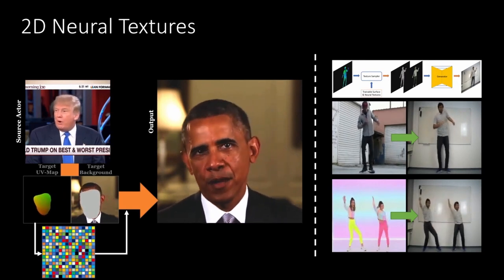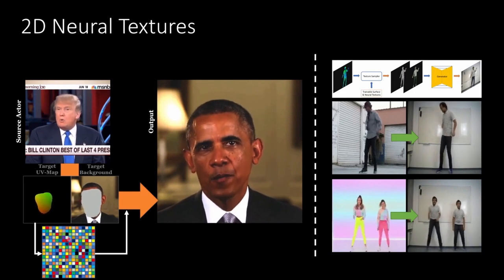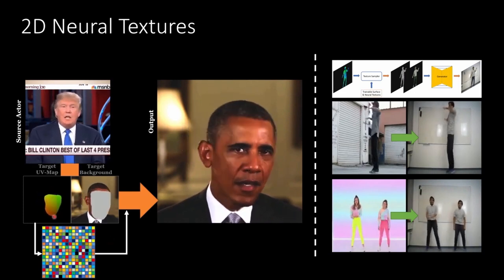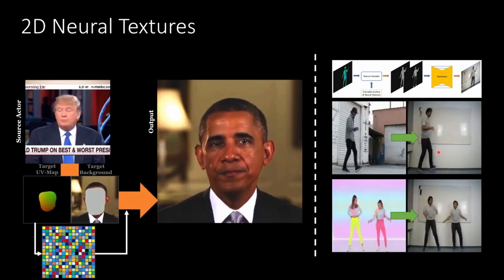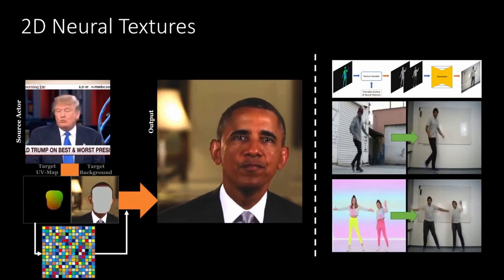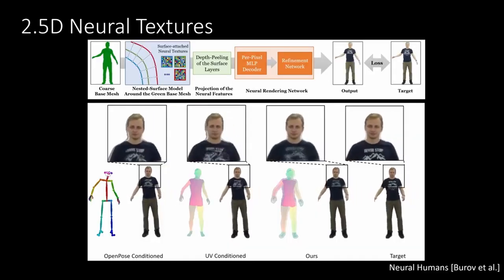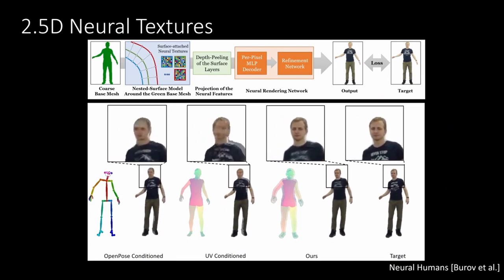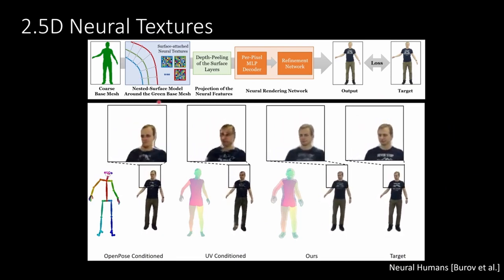So for 2D neural rendering, you can have these neural textures that are applied on top of the face or on top of the geometry of the body, which then looks like this. You can actually also extend this to a kind of 2.5D neural textures, where you actually have layers around the surface of the simple mesh, for example.